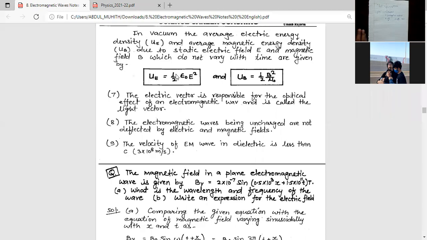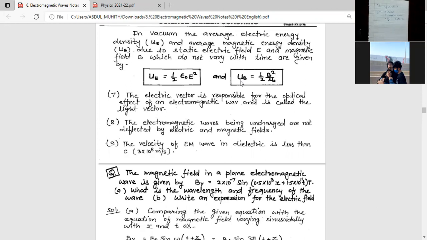The energy density of the electric field and the energy density of the magnetic field are given by half epsilon 0 E squared and half B squared by mu 0. These are the formulas for electric energy density and magnetic energy density.